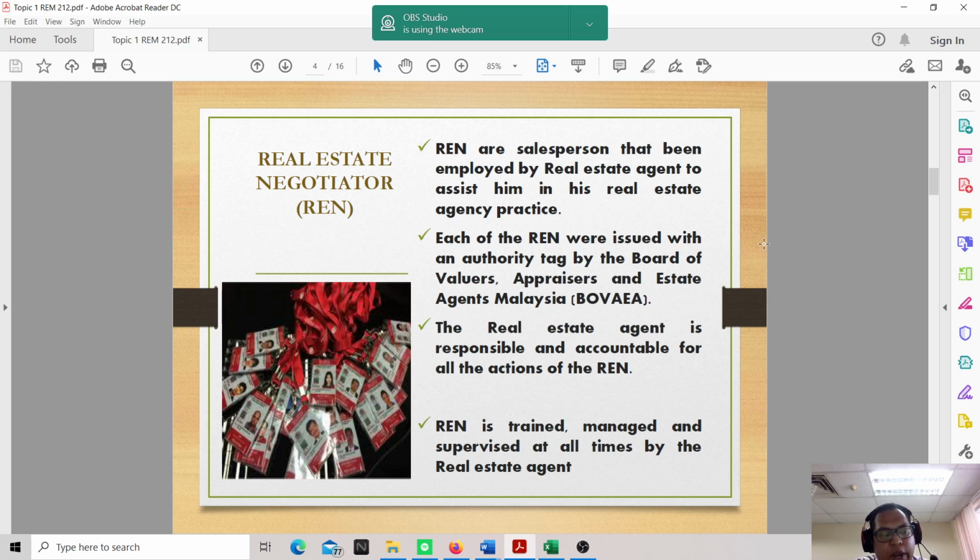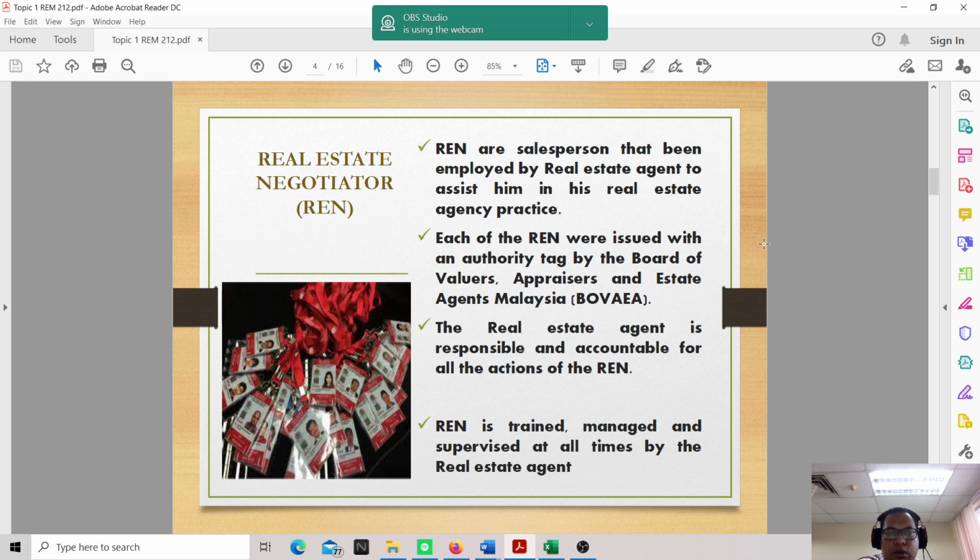So when you have the authority as a registered estate agent, of course it comes with responsibility, because you are appointing assistants to work for you. REN is trained, managed and supervised at all times by the real estate agent.